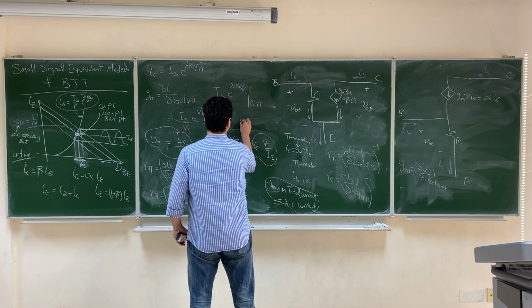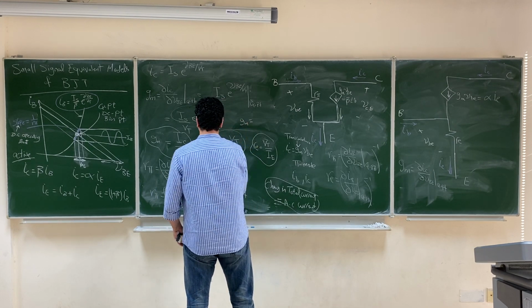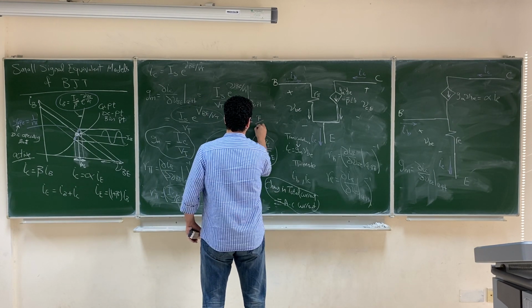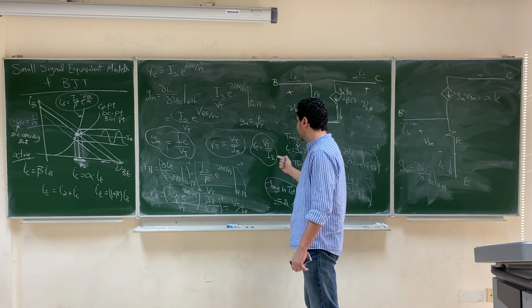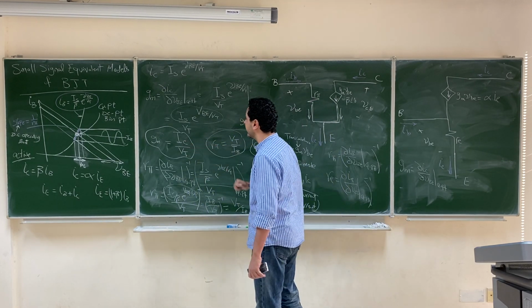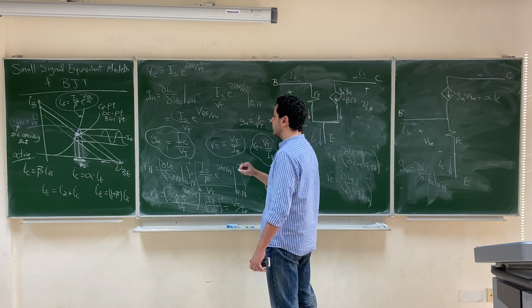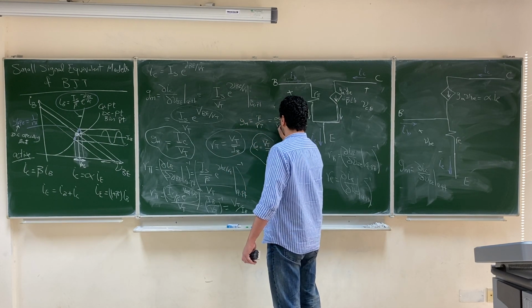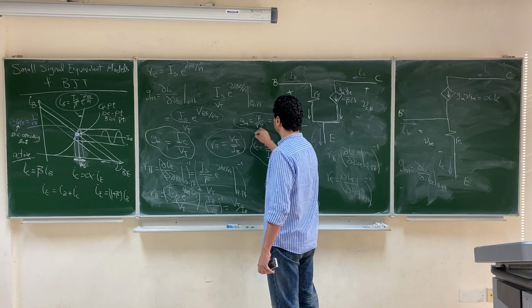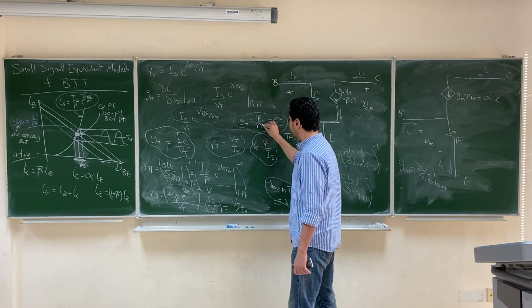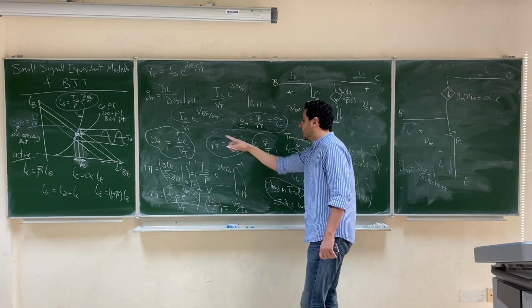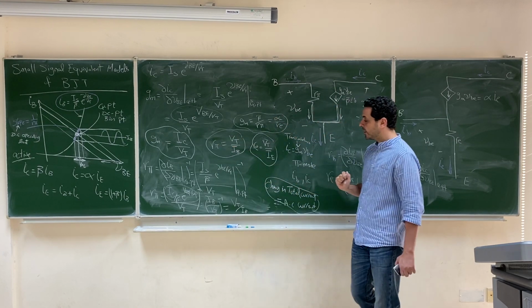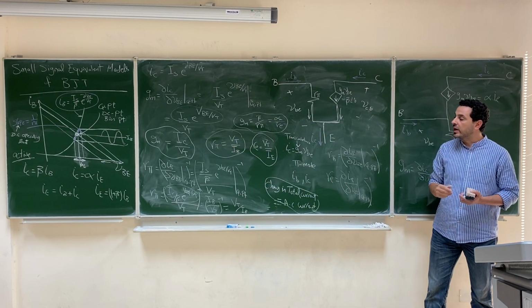You can say that GM equals beta divided over R pi. Also, you can replace IC by alpha IE, so you can say it's alpha over RE. So you can find the relations between GM, R pi, RE, because we already have relations between IC and I base and IC and IE. Okay, so this is how you calculate the parameters.